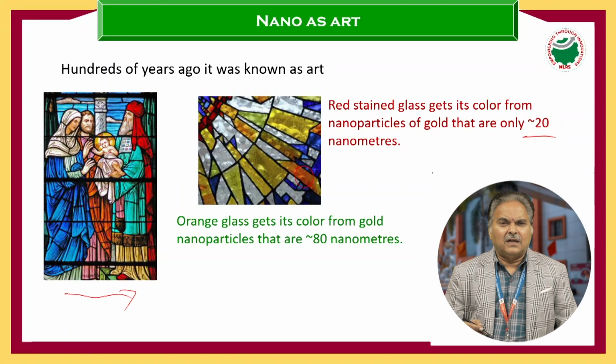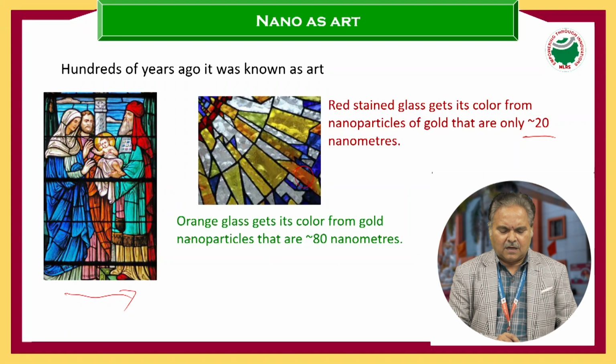Actually, gold is a light yellow color, but if the particle size is around 20 nanometers, the color changes to red. So they used gold nanoparticles of the size of 20 nanometers, and it becomes red color. That appearance depends on the particle size.